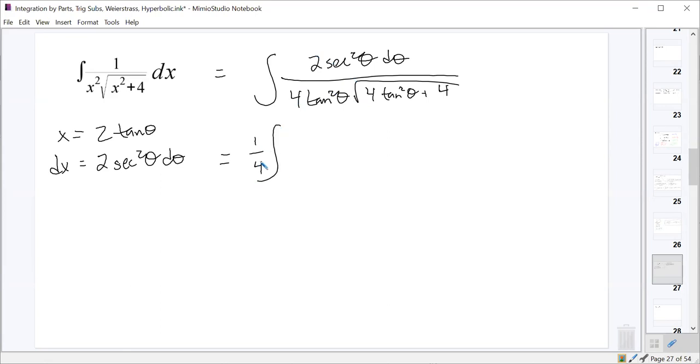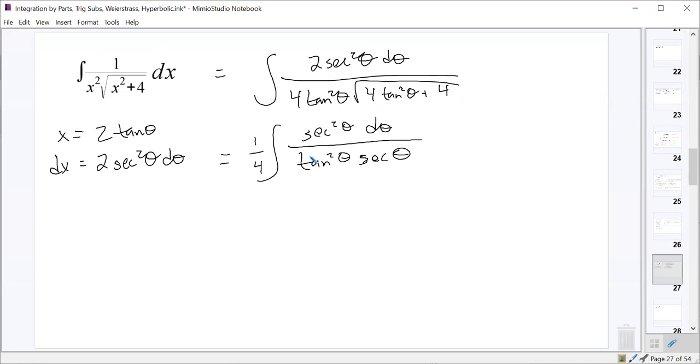And all the other constants are gone. So we've still got a secant squared theta d theta in the numerator. And in the denominator, we've got a tangent squared theta times what? We took the 4 out of this, so this became tangent squared plus 1, which is secant squared, and the square root of secant squared ought to be secant.